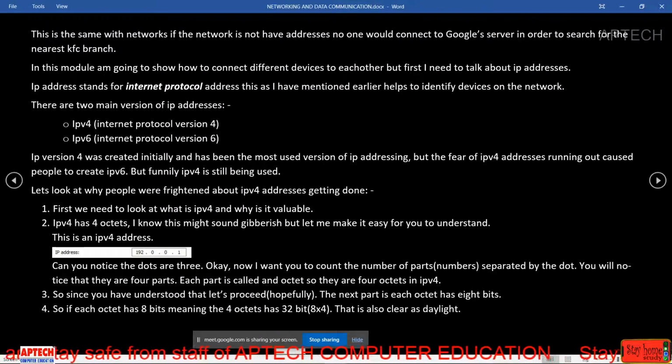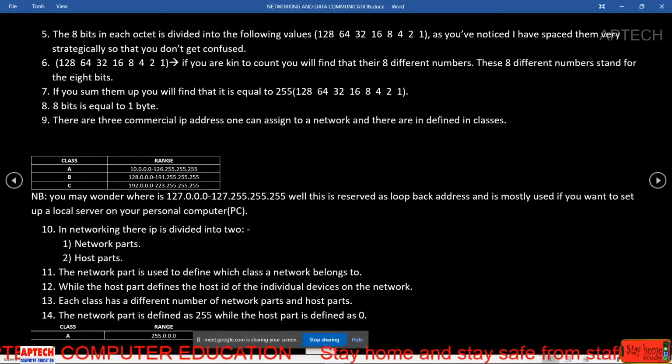So there are 32 bits across the different octets. In these bits, we have what they call 8 values, which I was talking about: 128, 64, 32, 16, 8, 4, 2, 1.